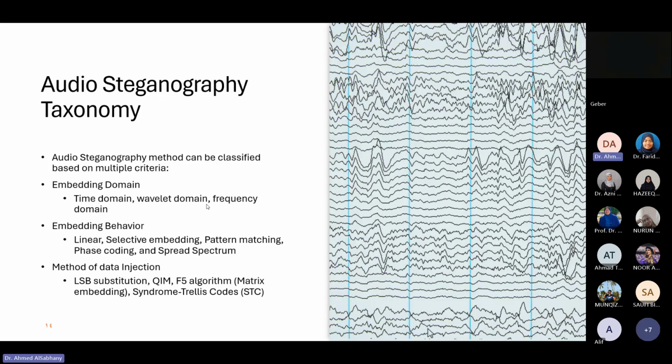For the wavelet domain, we are talking about the discrete wavelet transform, could be the discrete or the integer wavelet transform.